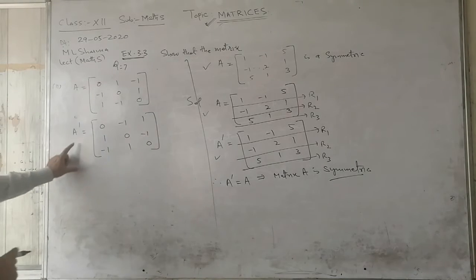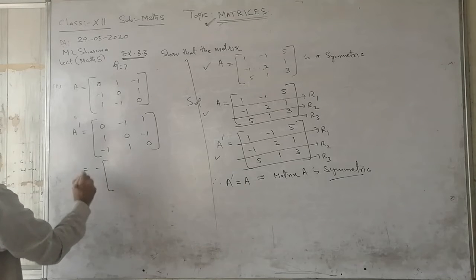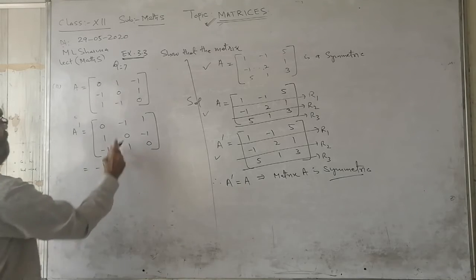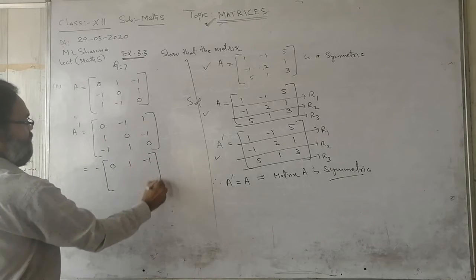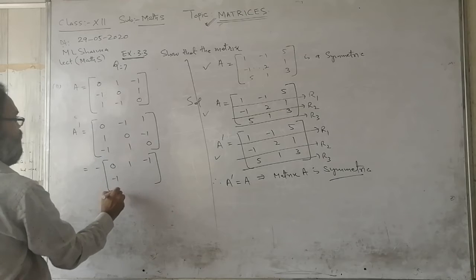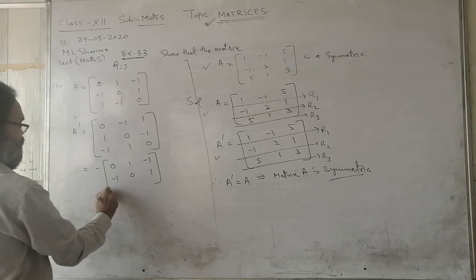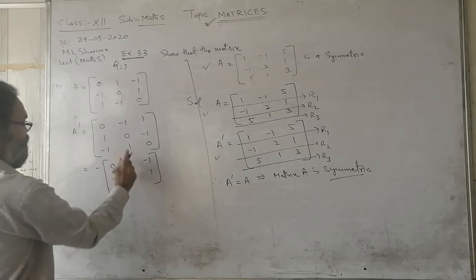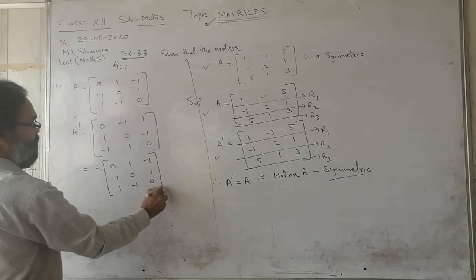So if I take minus outside, so I will have 0 here, 1 here, minus 1 here, minus 1 here, 0, 1, and last as 1, minus 1 and 0.